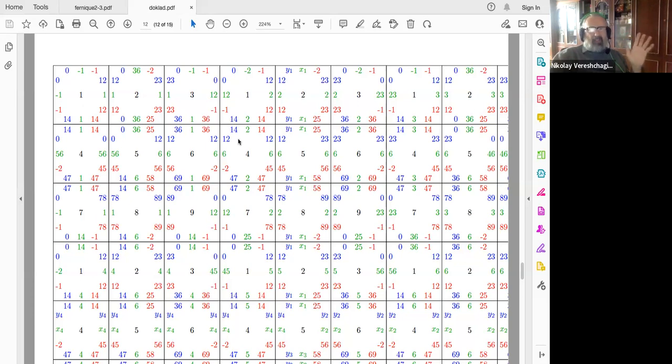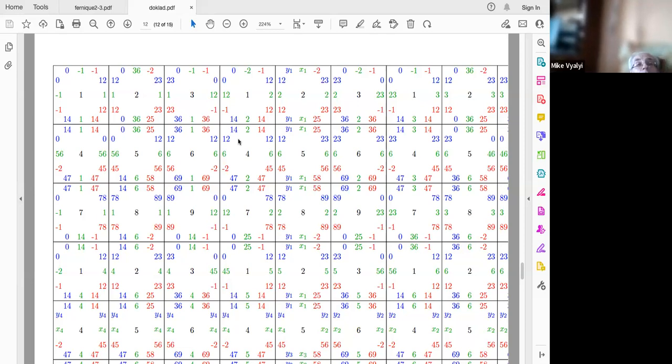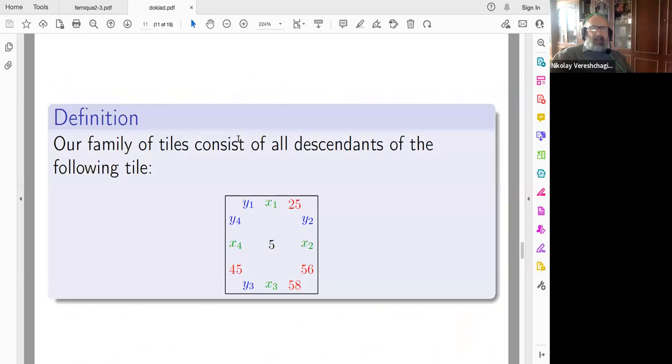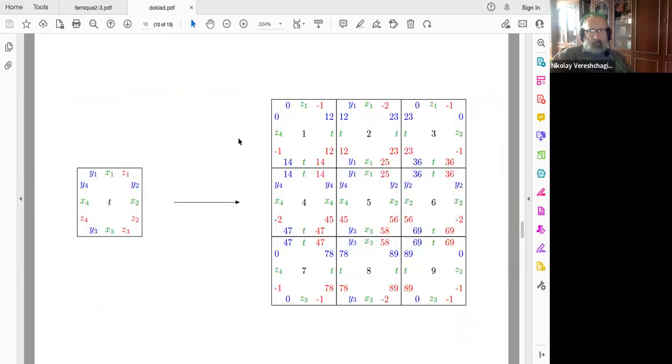Misha, is it clear what is a tile set? I hope yes. Now, we will use some simple properties of this tile set. First of all, every tile in our tile set has a parent.